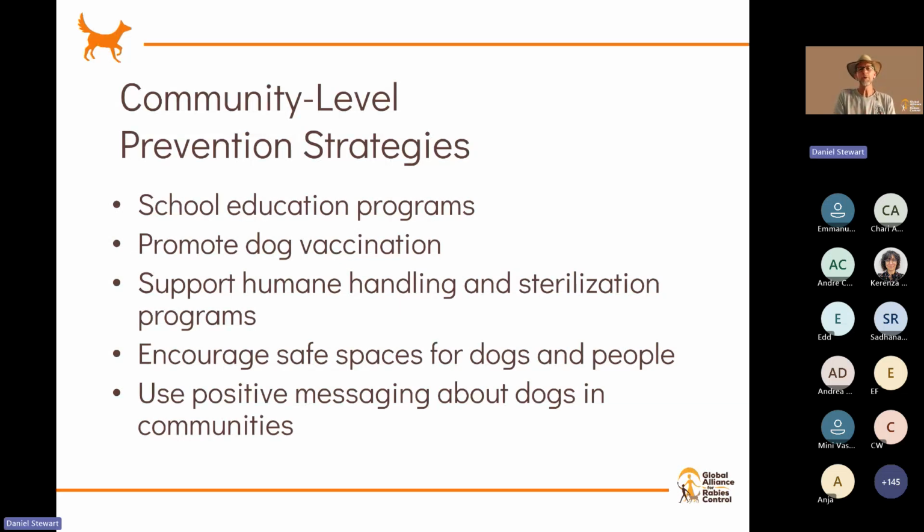If we promote dog vaccinations, we're promoting proper, responsible ownership. And by proper responsible ownership, the dogs are actually becoming more sociable, and therefore more tolerant of people. So a proper good dog vaccination campaign in communities over time will actually change people's attitude, dogs' attitude, and reduce dog bites. And this could all be through school education programs.